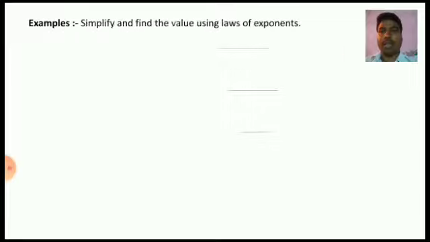So next examples: simplify and find the values using laws of exponents. First example: in bracket 7 raised to 5 into 3 raised to 6 into 5 raised to 2 bracket raised to 0. We have to simplify this using the laws of exponent.